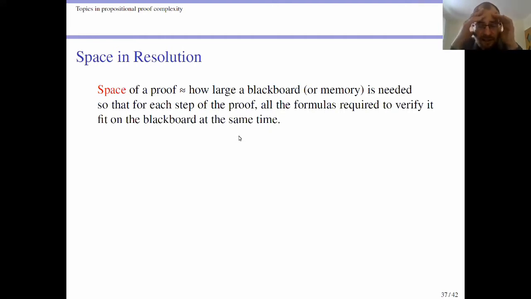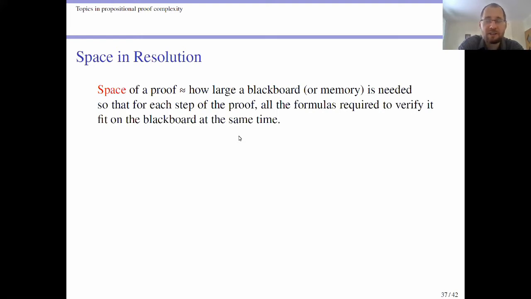This was invented and sometimes gets advertised as a way of measuring or understanding the space needed by SAT solvers. Space in SAT solving, from what I have heard, is a major consideration, although the connection between this notion of space and the actual amount of space or memory requirements that solvers have, I think, is more iffy.